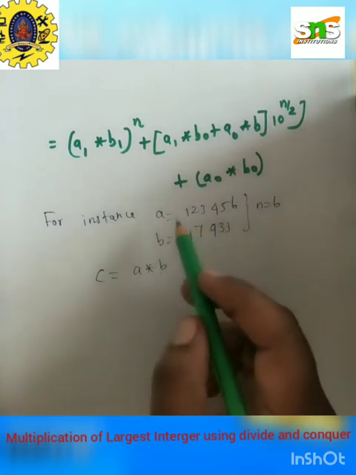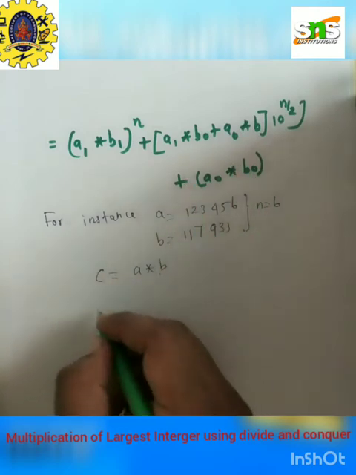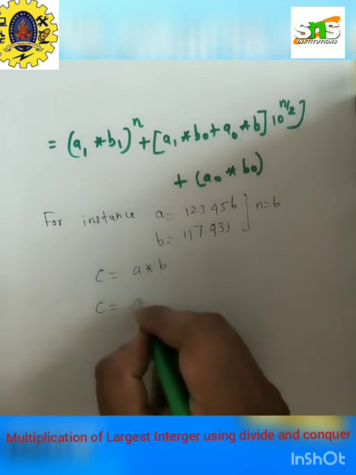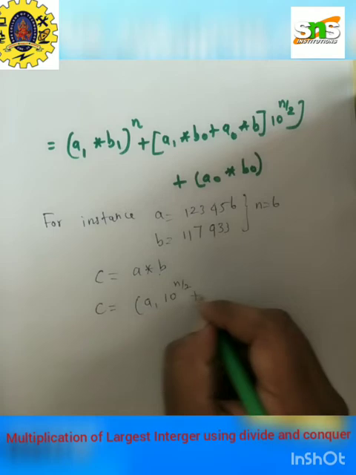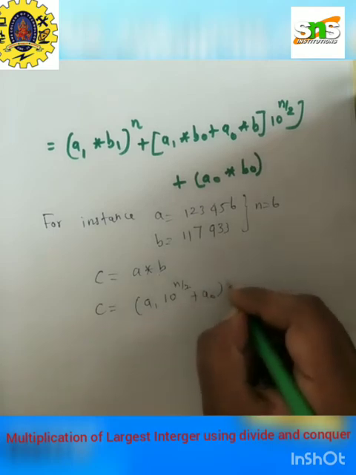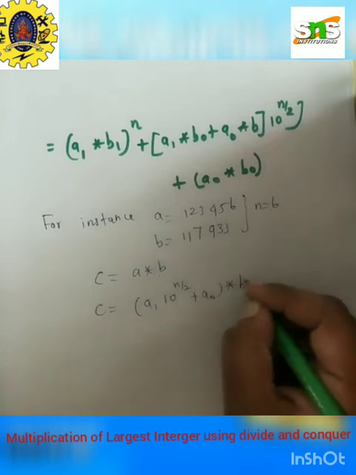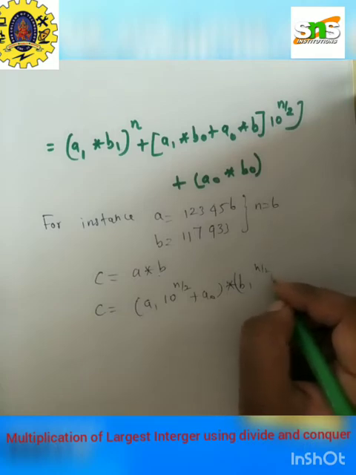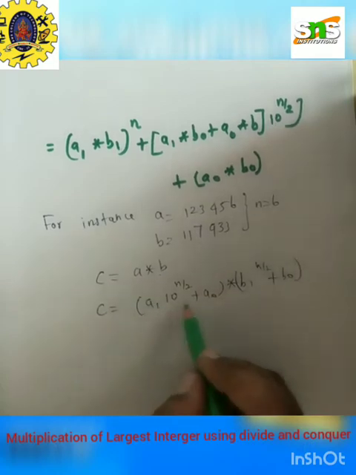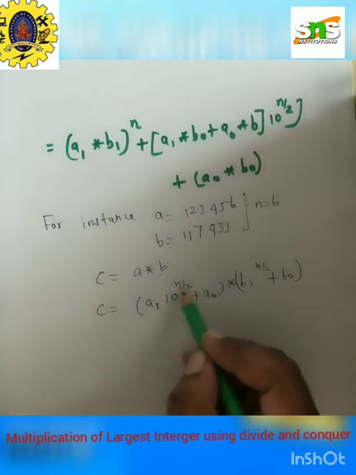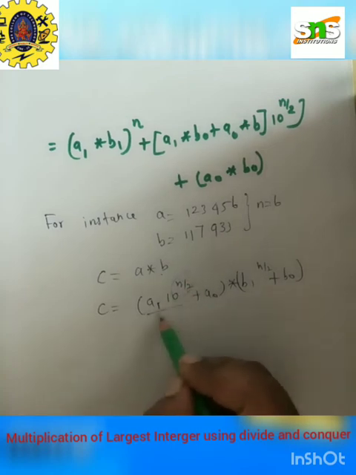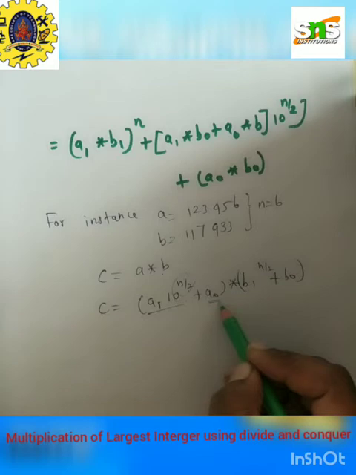Okay, a1 is the first n by 2. We have the first general formula, c is equal to a1 10 power n by 2 plus a naught, star b1 10 power n by 2 plus b naught. So n by 2 is 6 by 2 equals 3, so the first 3 digits will be a1, the remaining 3 digits will be a naught.